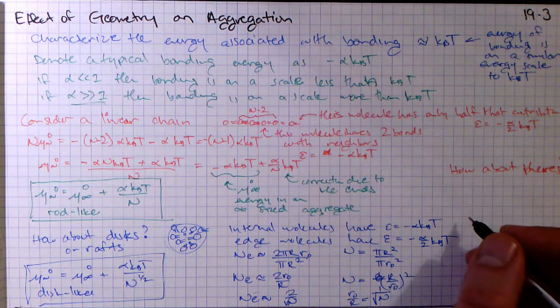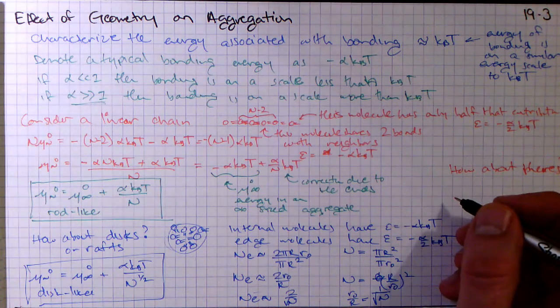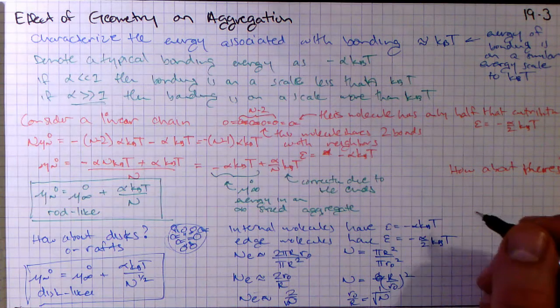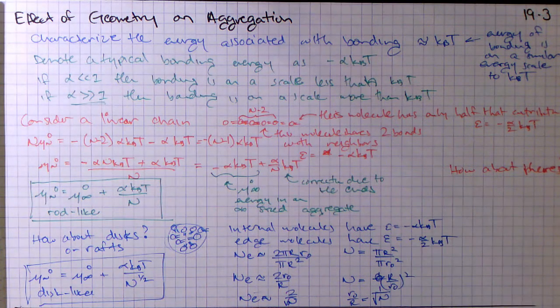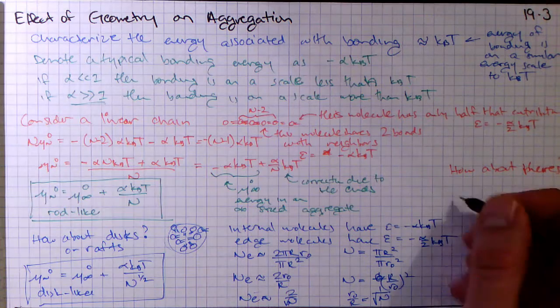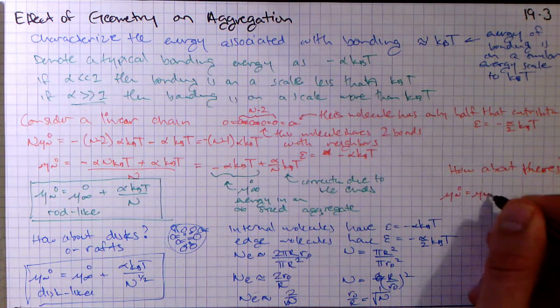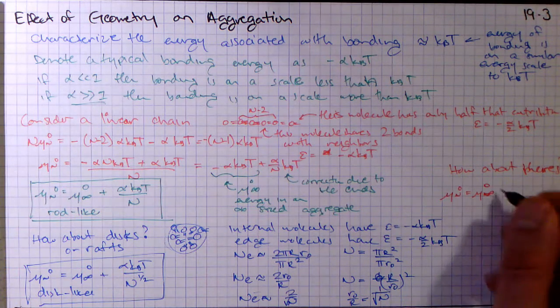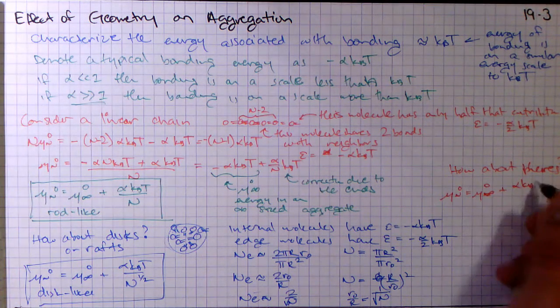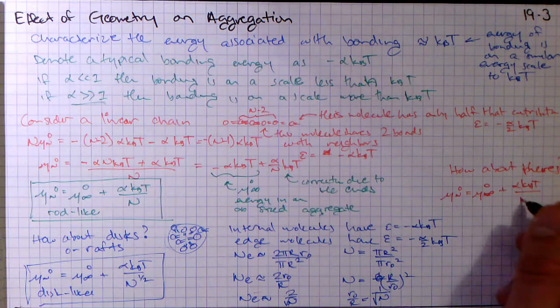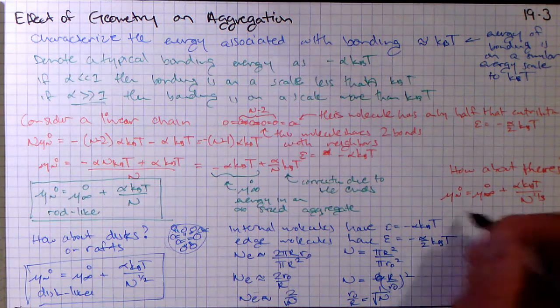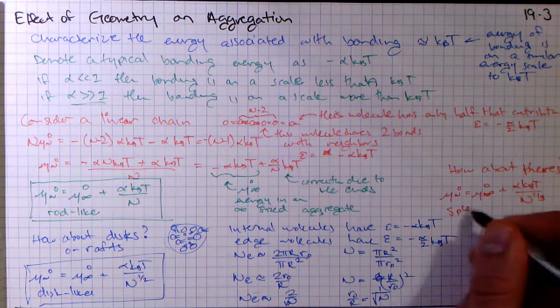In that case, the number on the surface, if we reasoned it out similarly, we would get mu n0 equals mu infinity 0 plus alpha kBT, and the fraction on the surface would go like n to the 1/3. So this is sphere-like.